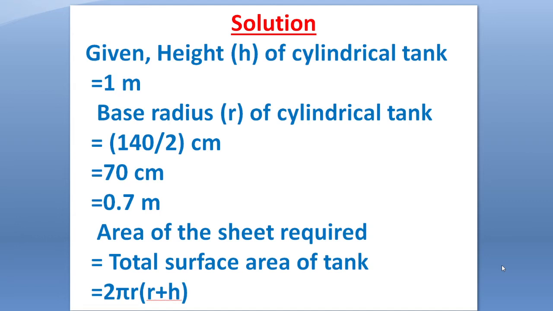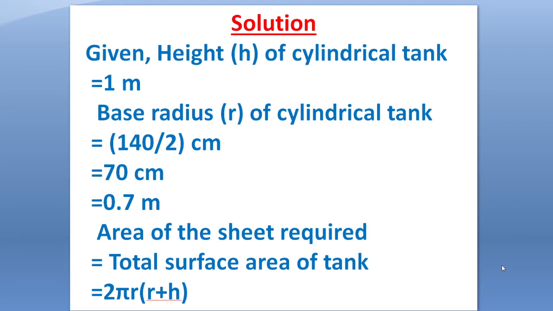Given height h of the cylinder tank is equal to 1 meter. Base radius of the cylindrical tank is equal to 140 by 2 centimeter, which is 70 centimeter. Convert it into meter, so 0.7 meter.